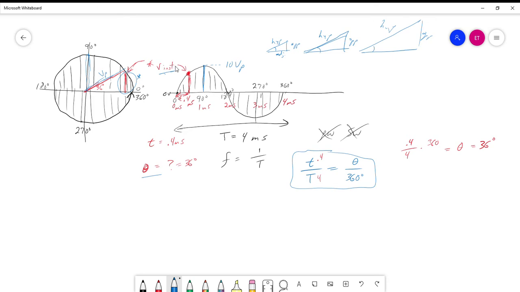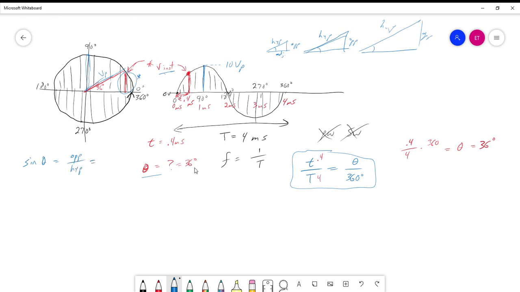So then I can ask myself, what's the instantaneous voltage for a sine wave that has a 10 volt peak? What is its instantaneous voltage at 36 degrees? And that I can solve for because these trig functions, the sine of the angle is, in trig, the ratio of the opposite over the hypotenuse.